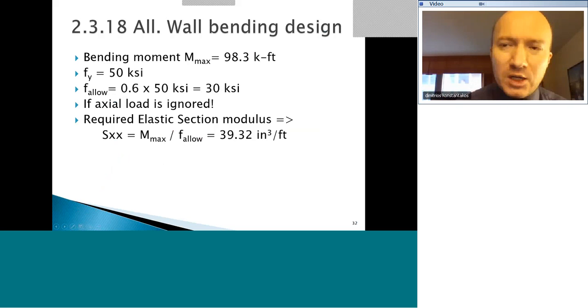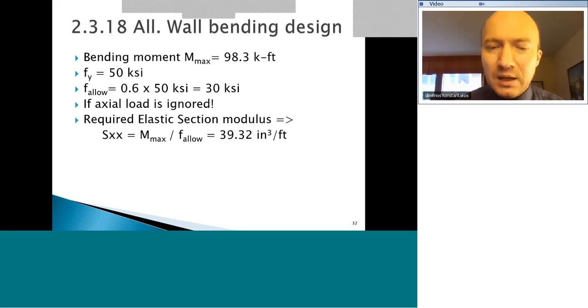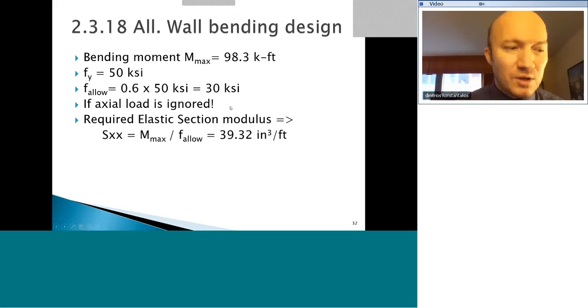If we ignore the axial load on the wall to keep it a little bit simpler, the required elastic section modulus is 39.32 inches cubed per foot. This is a number that we're going to be using later on to compare the different design approaches like LRFD and Eurocode, and see what required section modulus they come back with.